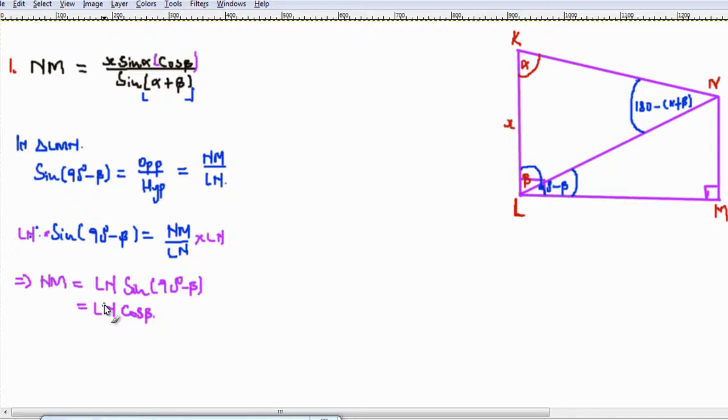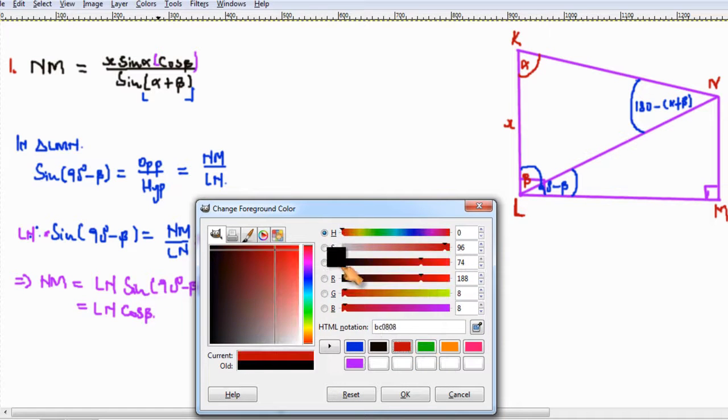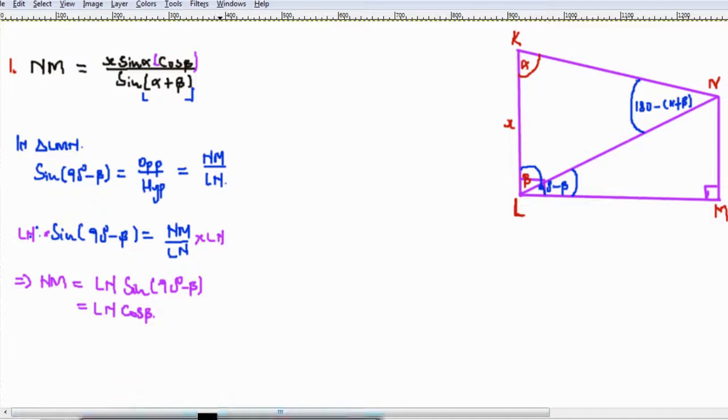But now we have to calculate LN. We have to find what LN is, and we can do that using the sine rule, considering triangle LKN.